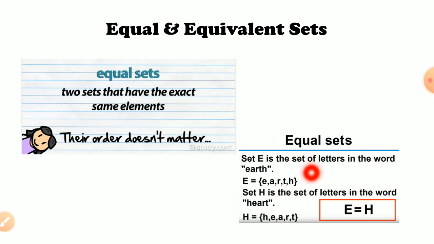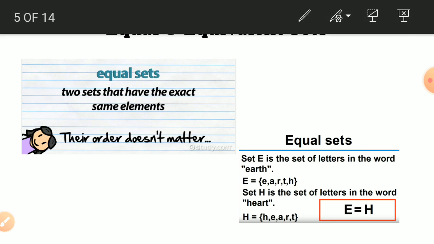Now take another set, set H. Set H is the set of letters in the word heart. Now the set H will have H, E, A, R, T. Now check both the sets, set E and set H. In set E we have E, A, R, T, H. In set H we have H, E, A, R, T. Elements of both the sets are the same.